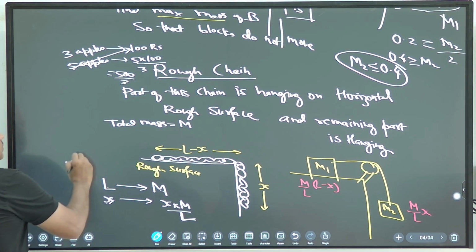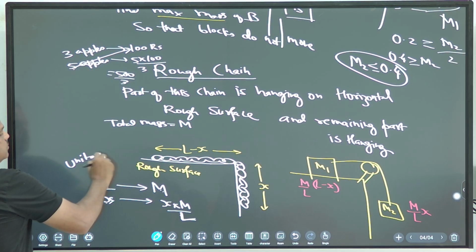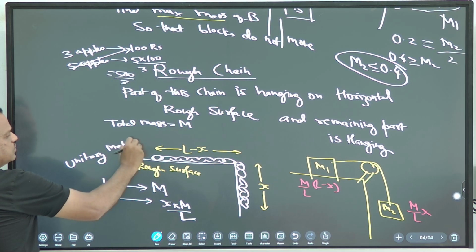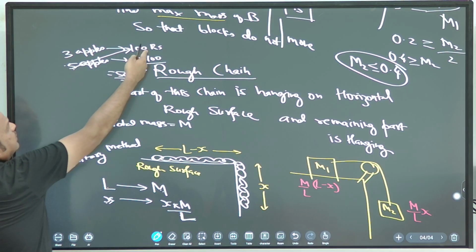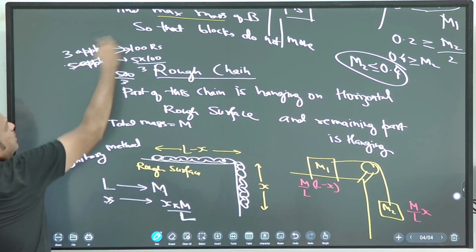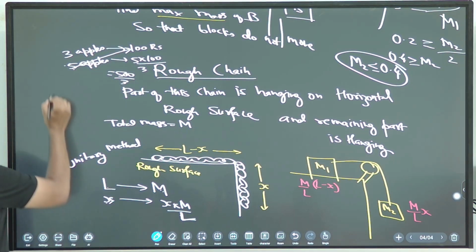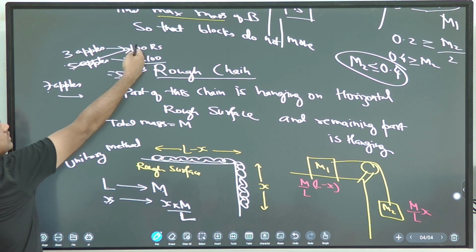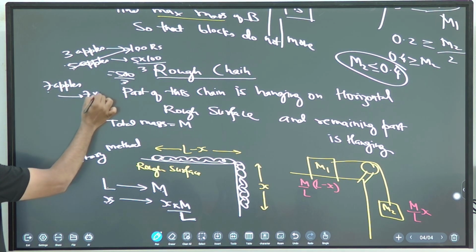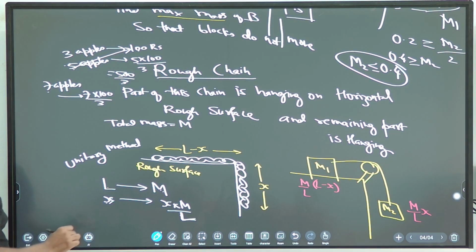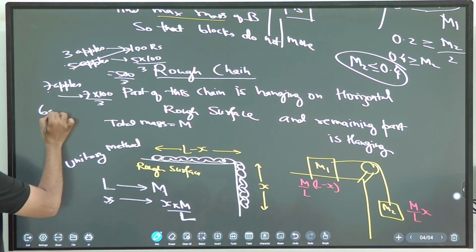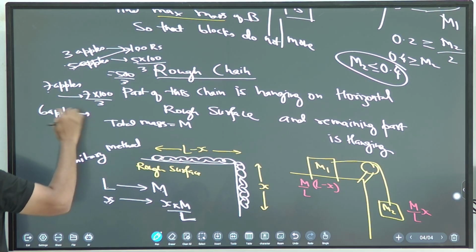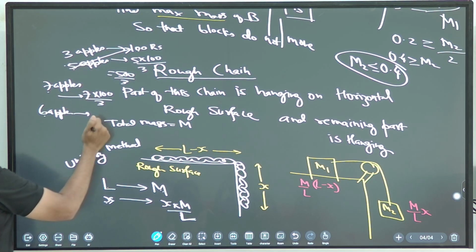Note down, this is known as the unitary method. Understood? 3 apples, 100 rupees. So 5 apples, 5 into 100 by 3. 7 apples, 7 into 100 by 3. 6 apples, 6 into 100 by 3.